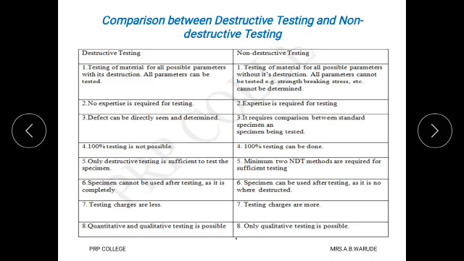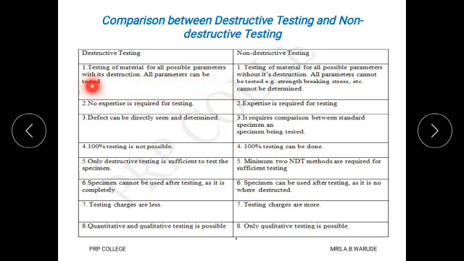Here is the comparison between destructive testing method and non-destructive testing method. On the left hand side we write destructive testing, on the right hand side we write non-destructive testing method. First difference: in destructive testing method, the testing of material for all possible parameters is done with its destruction, and all parameters can be tested.